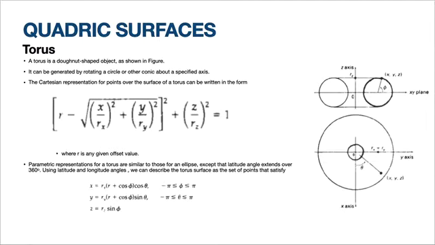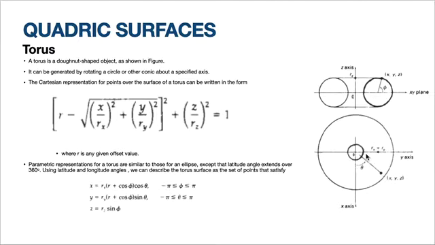Next quadratic surface is torus. A torus is a donut shaped object as shown in this figure. This shows the shape along the x and y axis, and this is along the z axis.